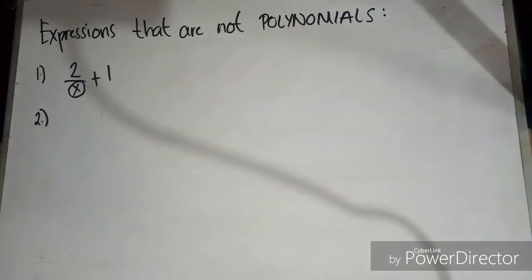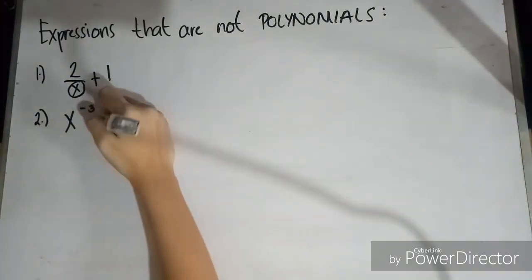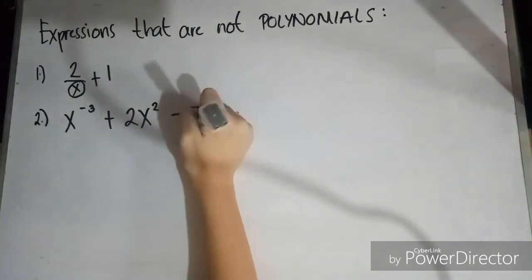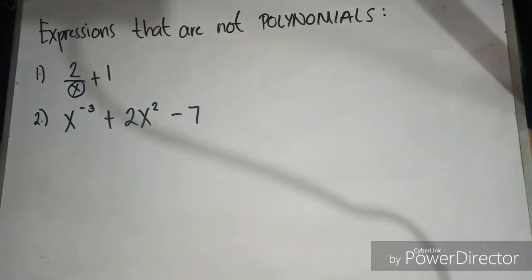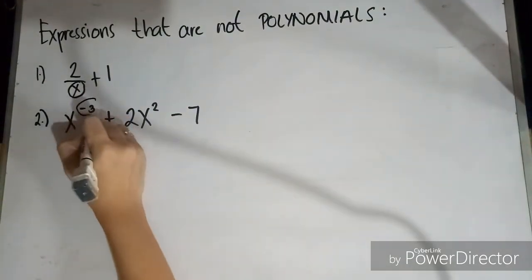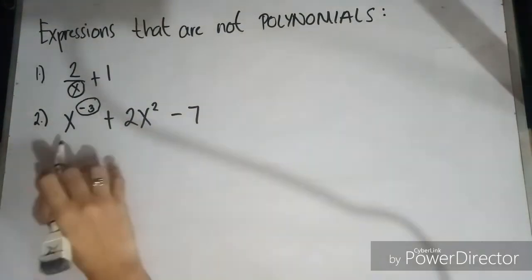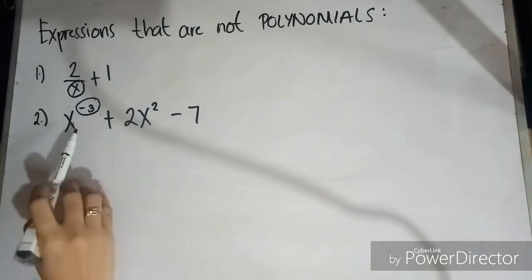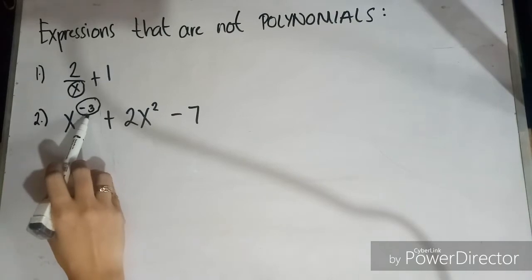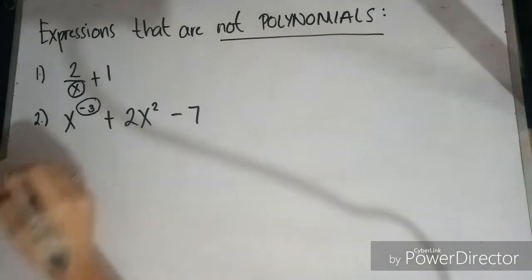Another example, x to the power of negative 3 plus 2x squared minus 7. This is also not a polynomial expression because the exponent is negative. The variables are okay, but one of the exponents of variable x is negative 3. So still, this is not a polynomial expression.